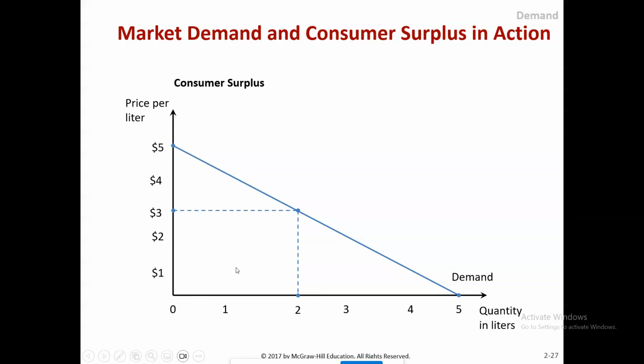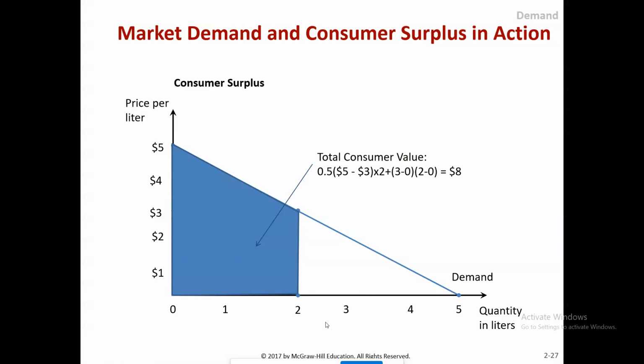So for example, if the equilibrium price is $3 and the quantity is 2, the consumers' willingness to pay for this area is actually this trapezoid area.